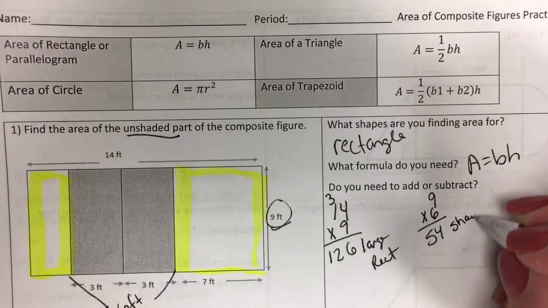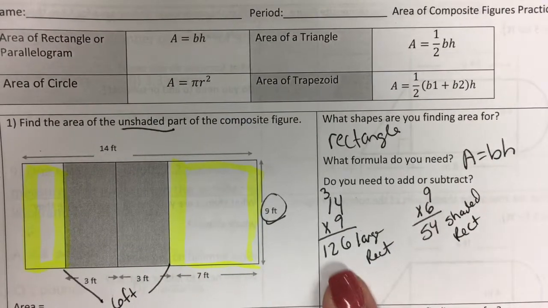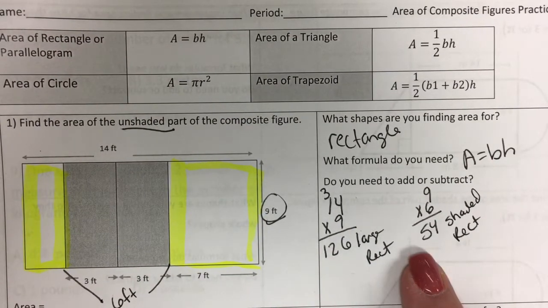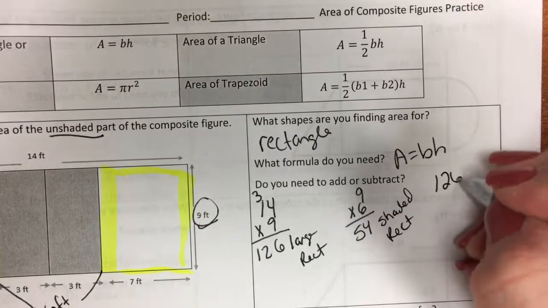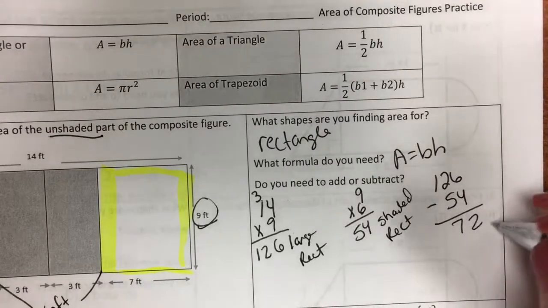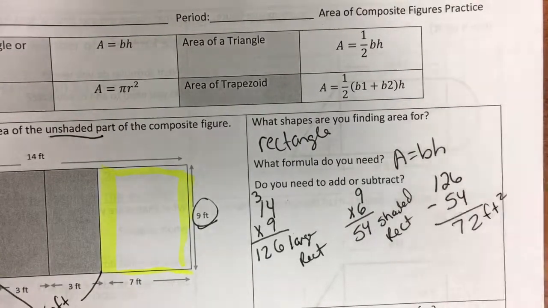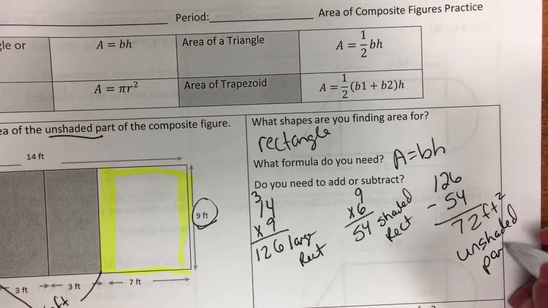And this is the shaded rectangle. So if I take the whole rectangle and subtract off the shaded part, it'll give me the unshaded part. So that's 126 minus the 54. That would give me 72 feet squared for the unshaded part.